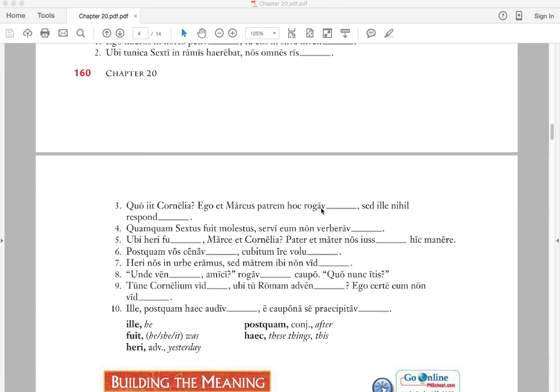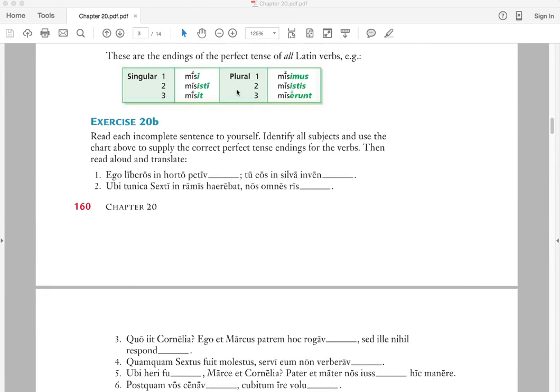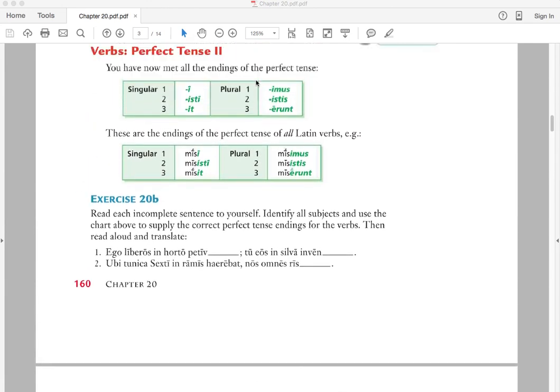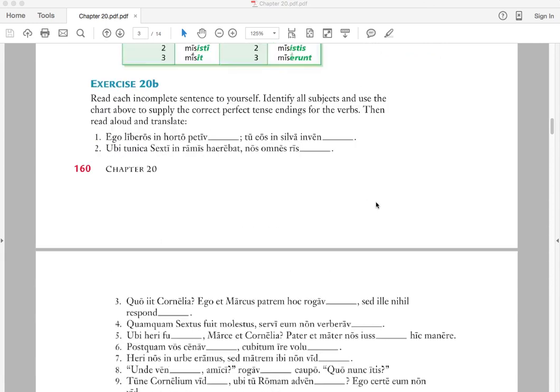So what are the missing blanks here? We see ego et Marcus. Now, when you put those two together, what do they become? Marcus and I is a we. So we're going to go back to first person plural for we again, and we see again the imus ending.